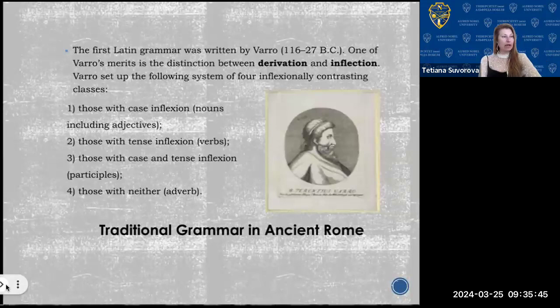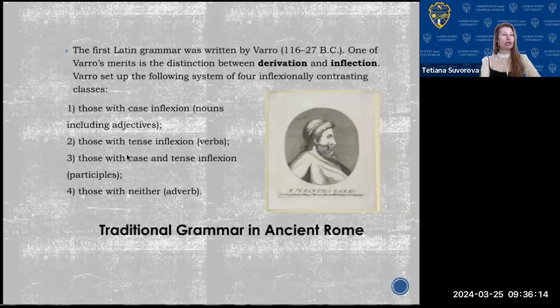Those are synthetic: Greek, Latin, and English of those times, those with tense inflections, verbs. So this division and vision into derivational and inflectional words helped to generally find these logics, how to stratify the words.